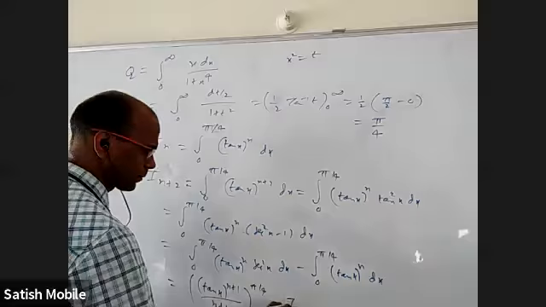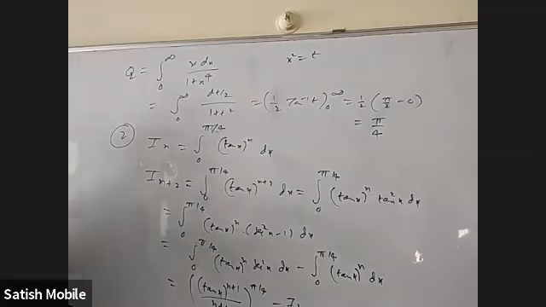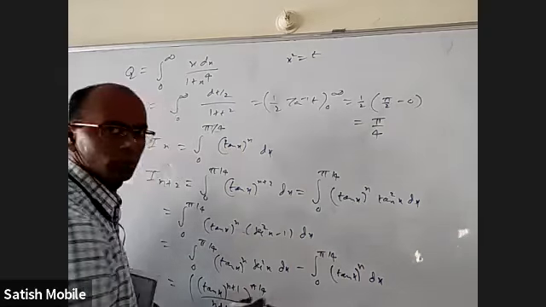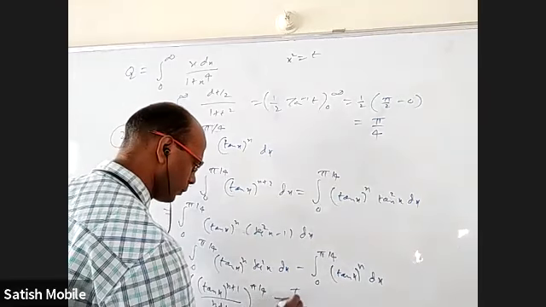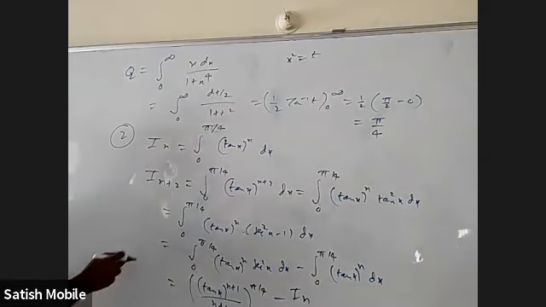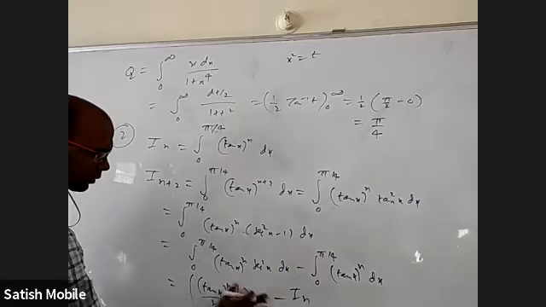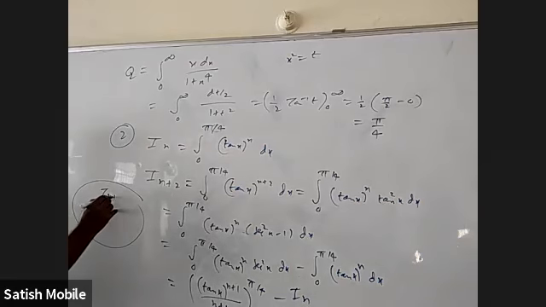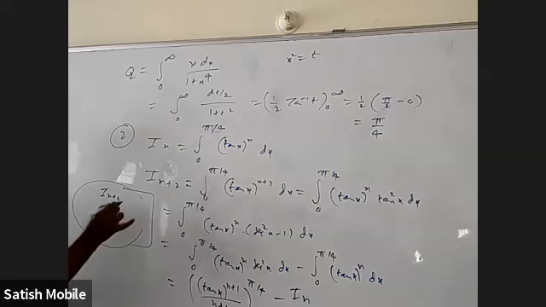This is In. Okay, now if we bring that In to this side and this value is 1 by n plus 1, we will get In plus 2 plus In is equal to 1 by n plus 1. This is a reduction formula.